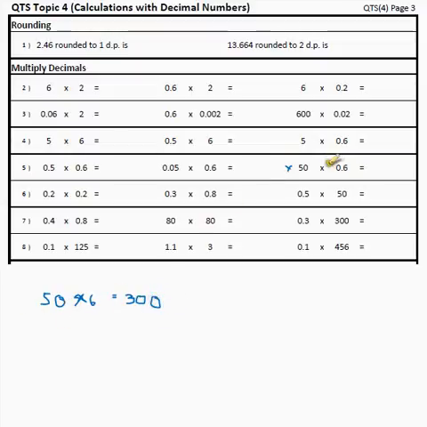So 50 times 6 is 300. But now we know that the point sits one number after the point from the back. In other words, the answer is 30.0, but you can say that is 30 because we don't need that point there. Okay?